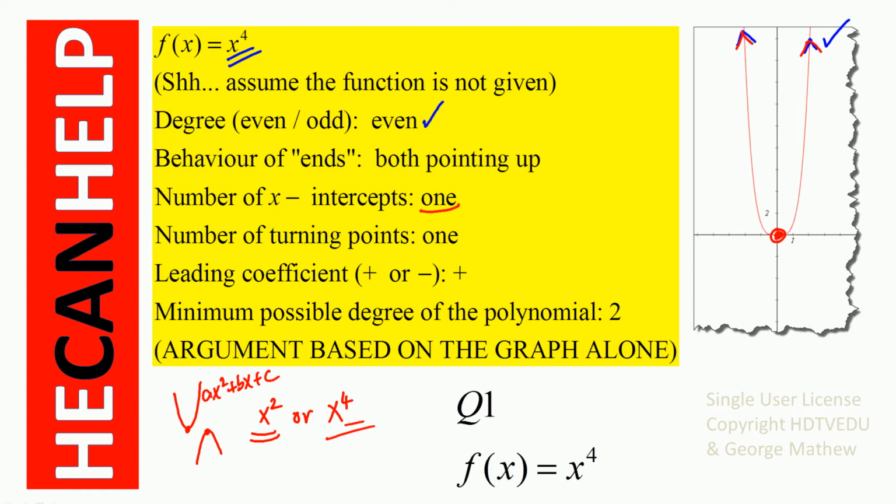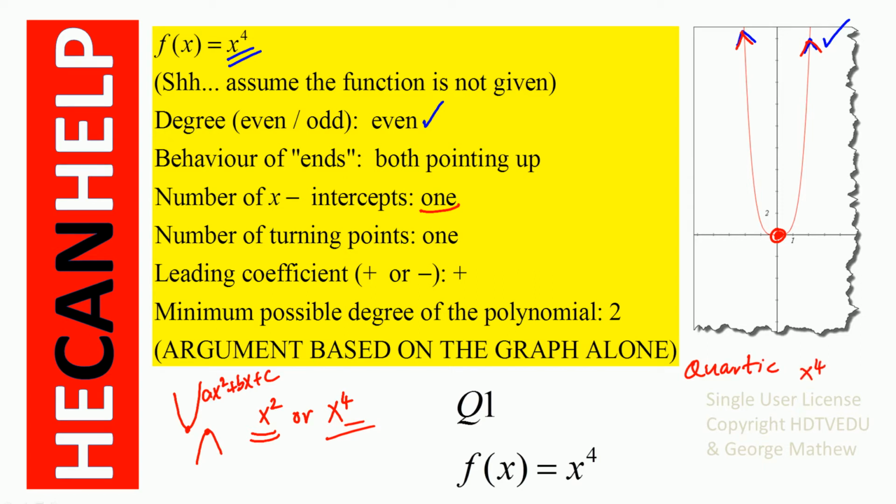For our case here, both ends are pointing up, so the coefficient of x to the power of 4 is positive. So by just looking at the graph, we are not 100% sure whether it is a quadratic function or a quartic function. Quartic function involves x to the power of 4.